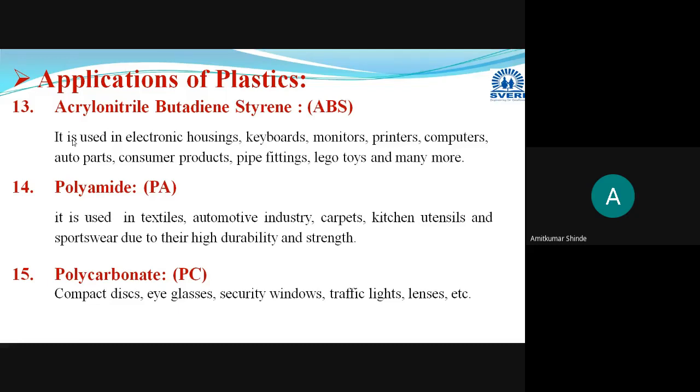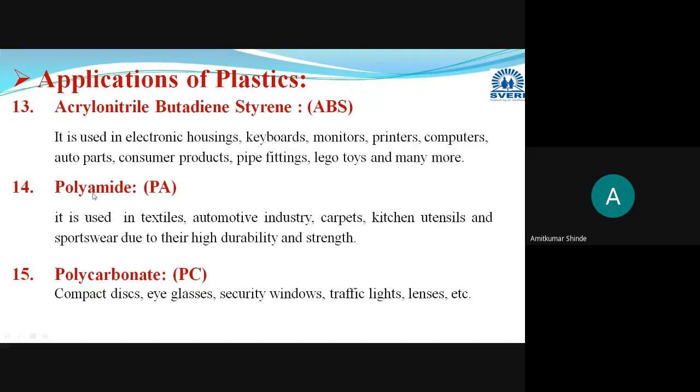I will repeat: computer components like keyboards, monitors, and printers are manufactured with ABS only. Then different pipe fittings, and Lego toys, which you can fix on the board.